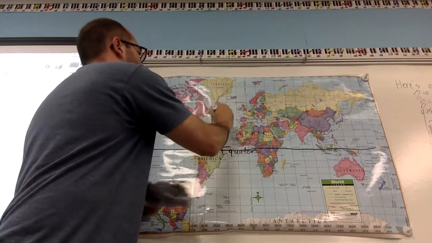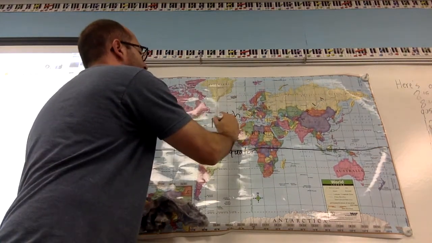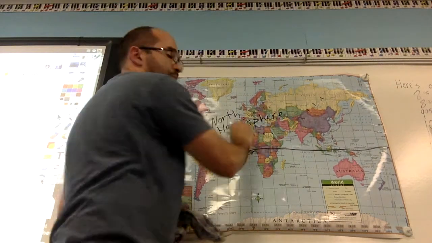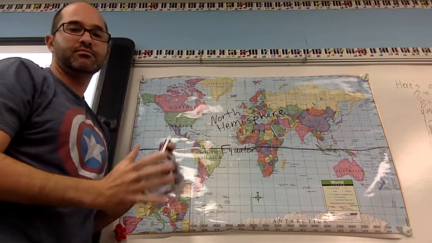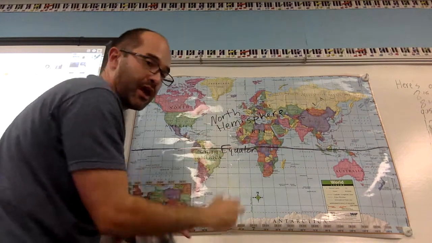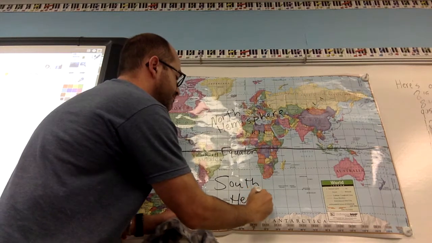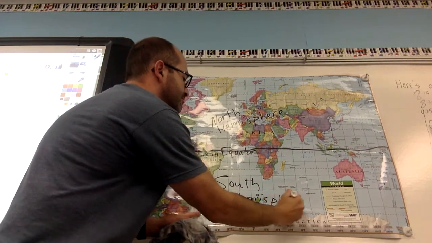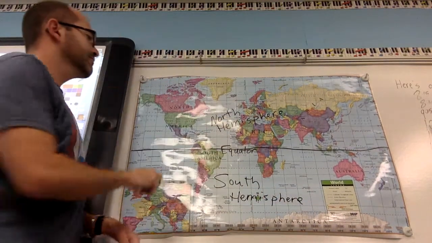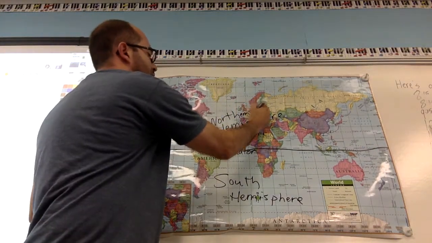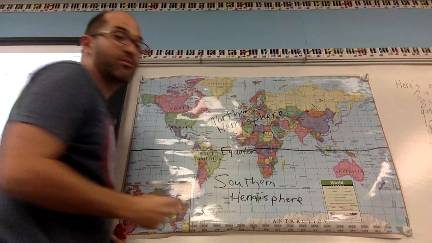The north half, or the northern hemisphere, and the southern half, or the southern hemisphere. So the northern hemisphere and the southern hemisphere, sorry for my bad handwriting.